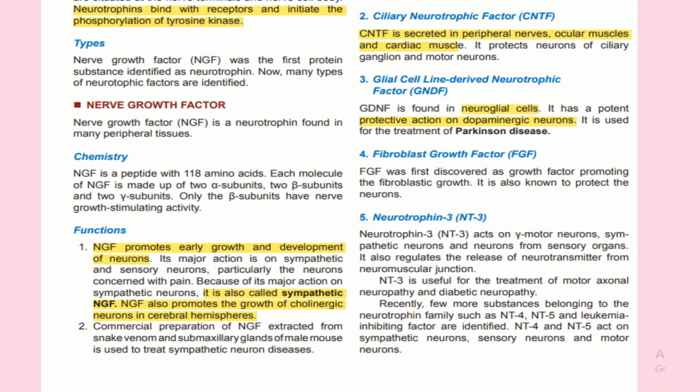NT3 is useful for treatment of motor axonal neuropathy and diabetic neuropathy. So this is important. Recently, a few more substances belonging to the neurotrophin family, such as NT4, NT5, and leukemia inhibiting factor, have been identified. NT4 and NT5 act on the sympathetic neurons, sensory neurons, and motor neurons respectively.